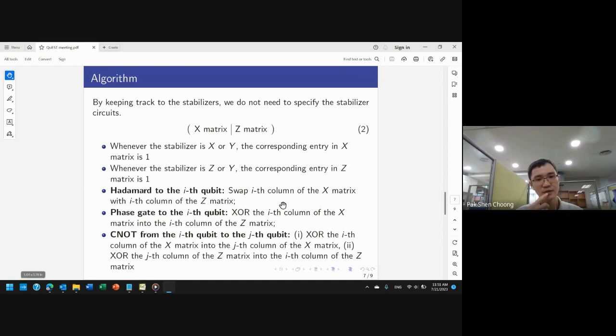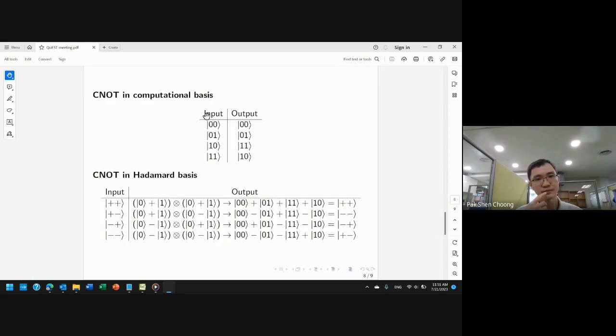So if you perform a CNOT, then you need to do two things. You need to XOR from the X matrix to the X matrix, and then from the Z matrix to the Z matrix. The reasoning for CNOT is as follows. If you look at the effect of CNOT in computational basis, essentially it changes these two. So you need to XOR from the i-th column of your X matrix to the j-th column of your X matrix.